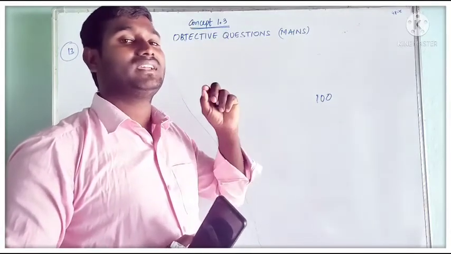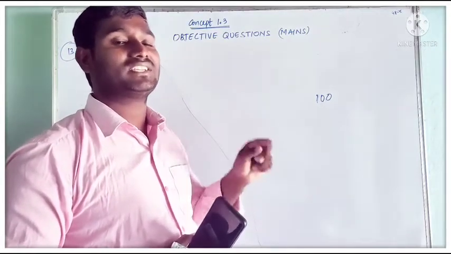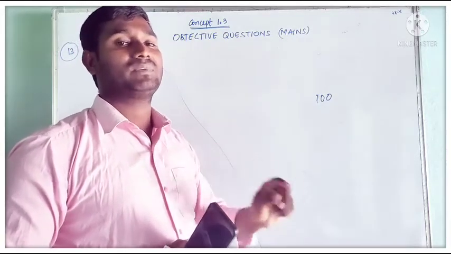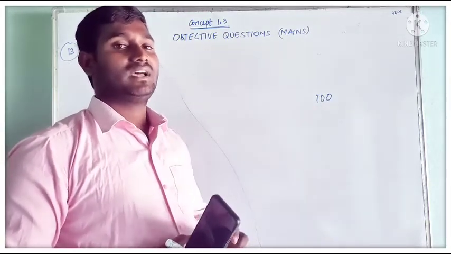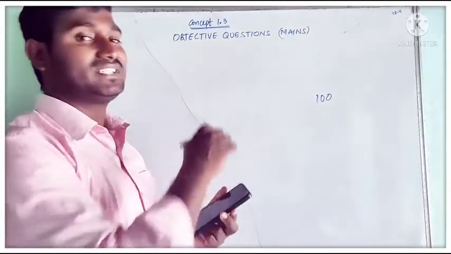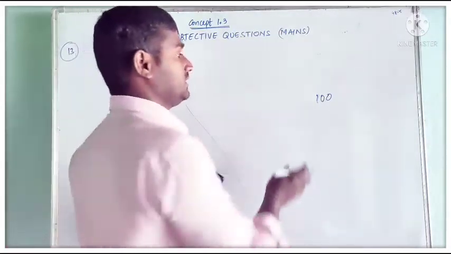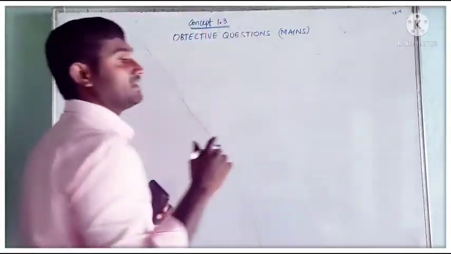So we need to assume the relation between them. Given: the number of residents in each apartment is equal to half of the total number of apartments. That clue only is given. And the total number of residents in all apartments is given as 12,800. First, we don't know the number of apartments.